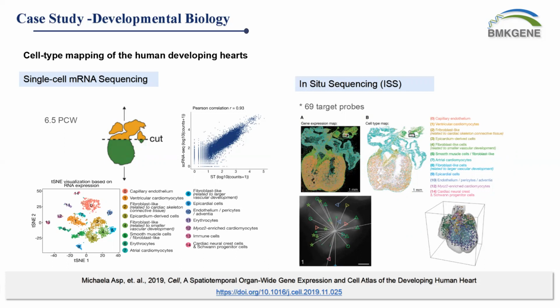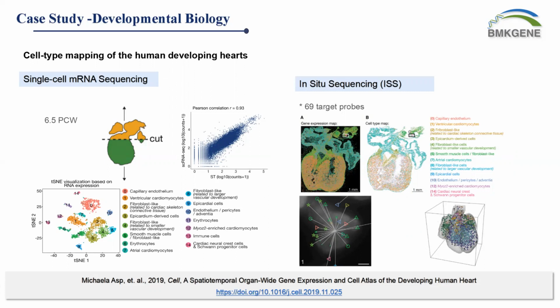And with this single cell information, they are able to annotate more accurate cell types in the clusters that they harvested. So in the single cell mRNA sequencing, they managed to get 14 different cell types in this tissue type.